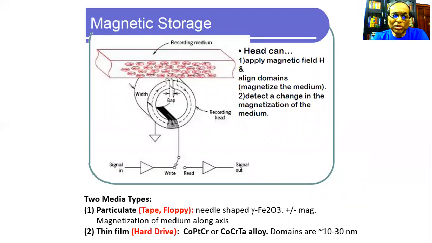As usual, there is a coil, so the signal is induced in that. This coil can be used both for reading and writing. For reading, the signal is amplified in the amplifier, and for writing, the signal is delivered to the coil. This is a very basic but fundamental scheme.